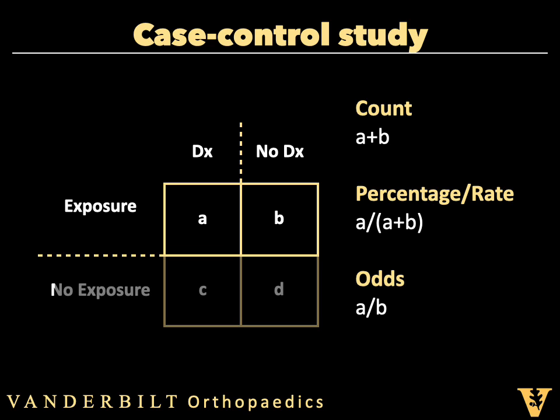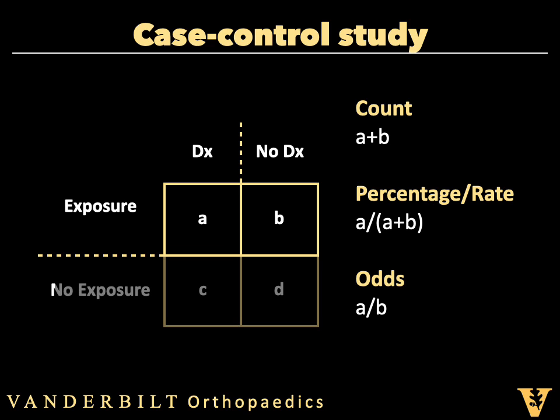But before we jump into that, let's just remind ourselves that we can do a number of different counts with case control studies, one of which is the odds. See that at the bottom there? A to B. So the odds that having an exposure here or a positive test, the odds that someone who has a positive test has the diagnosis or doesn't have the diagnosis would be a measure of, it's not probability here, it truly is just odds, but a way of measuring the chances of something being present.